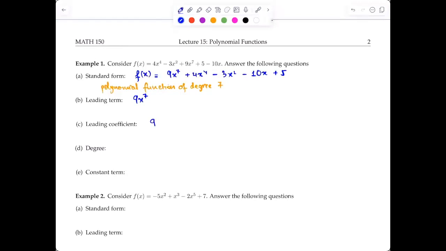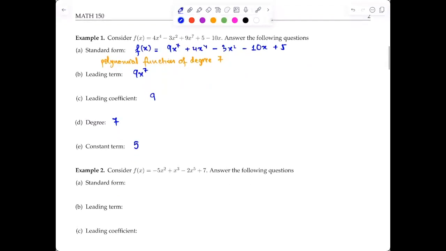And the degree is 7 in this case. And the constant term is the number by itself, it doesn't have any x attached to it. It's going to be 5. Simple, right? Straightforward.